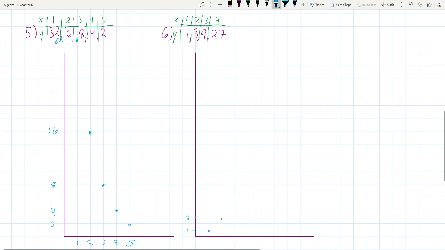And 4, 27. 1, 2, 3, 4. Okay, so now it fits.